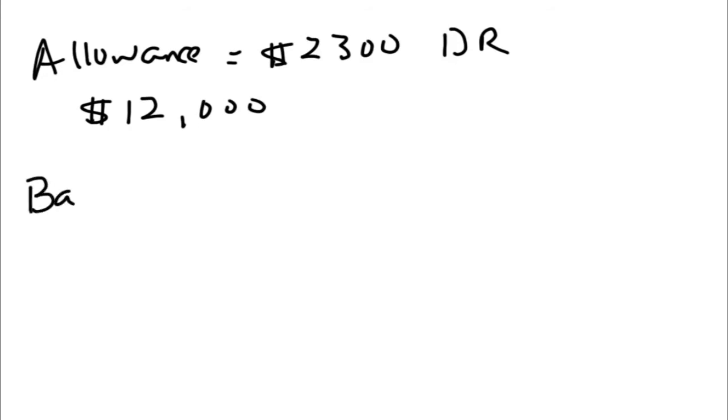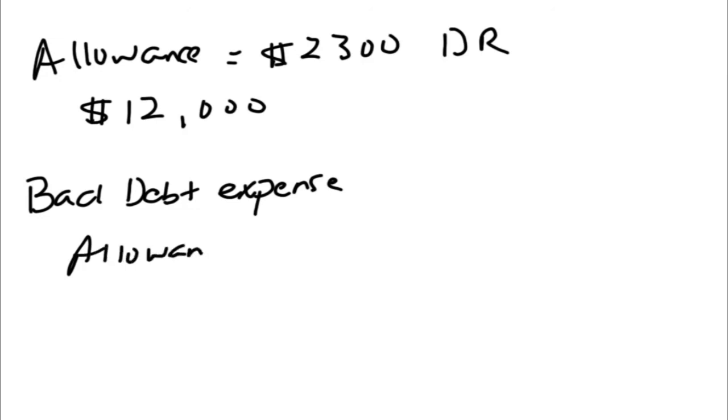Again, it's still going to be that bad debt expense and the allowance account. But because it's a debit now, if I increase the allowance account by $2,300, that gets it back to zero. Then I can take it on the credit side for $12,000 more.